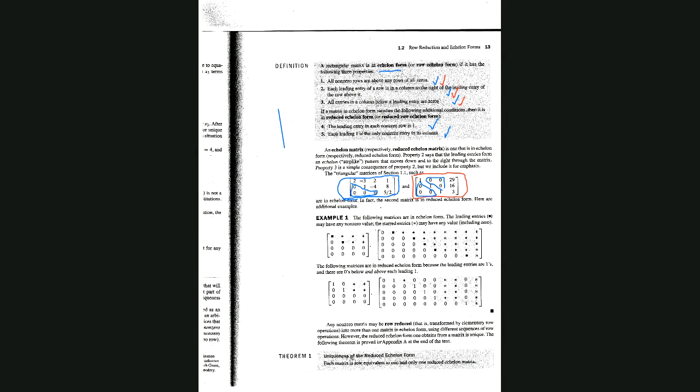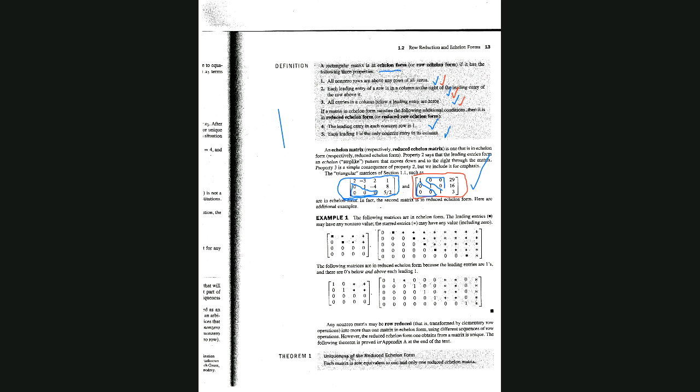You notice the leading entry in each non-zero row is 1 in this matrix to the right. That's true. And then each leading one is the only non-zero entry in its column. And that's true too. Again, this matrix on the right corresponds to the matrix that we did in the last class. Are there any questions on this? Always think of examples to help you feel comfortable with the concepts.